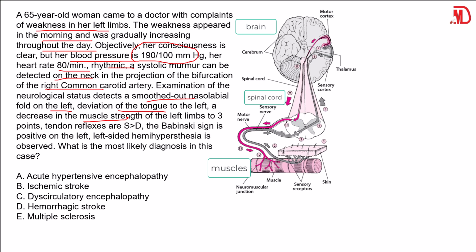So therefore, when they say there's a true weakness, what it simply means is that one or more parts of this pathway, which is either the brain, the spinal cord, the nerve, the muscles, or the connections between them, is damaged or diseased.